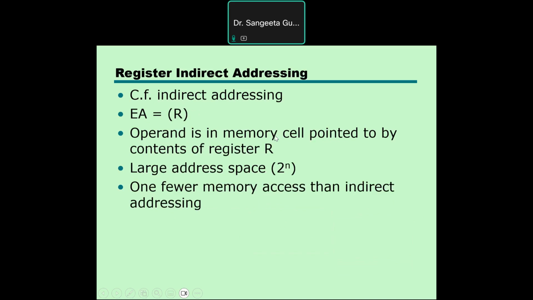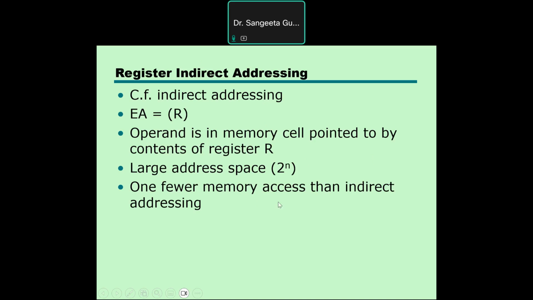In some cases, your operand will not directly be available in the register, but in fact, the address of a memory location will be loaded into the register. So in that case, we refer to that addressing mode as register indirect addressing mode. So operand is in the memory cell pointed to by the contents of the register. Hence here, as we need multiple references to register as well as memory, the address space needs to be large enough.